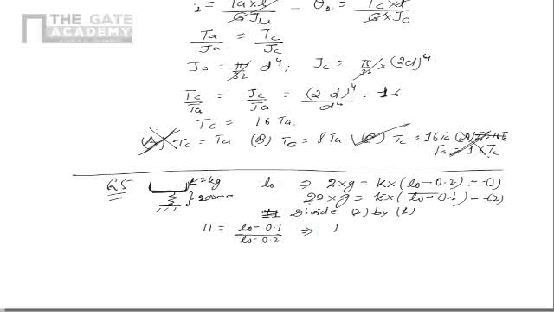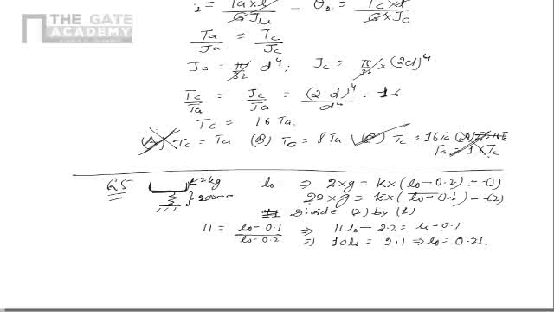So that gives me 11 L0 minus 2.2 is equal to L0 minus 0.1. So that means 10 L0 is equal to 2.1. So that means L0 is 0.21. That's the answer. That is the original length of the spring.